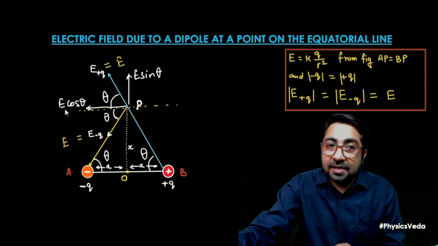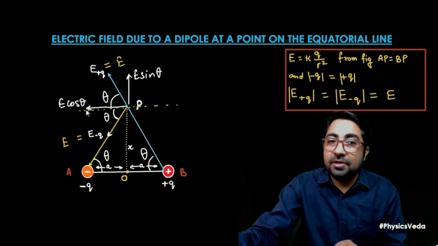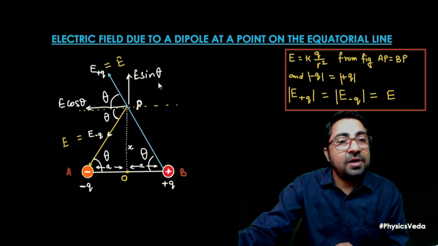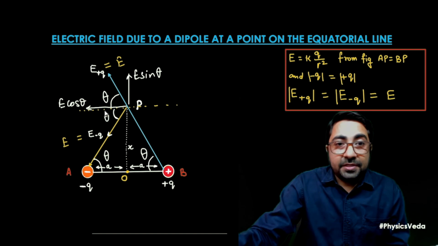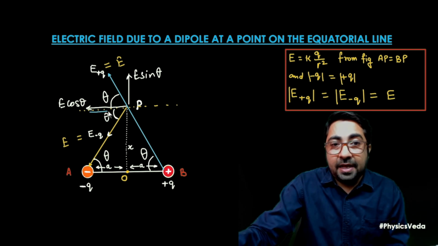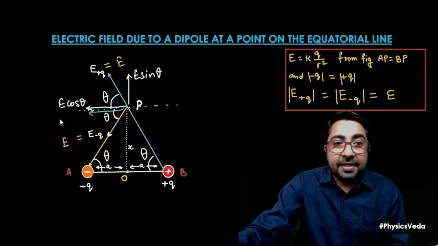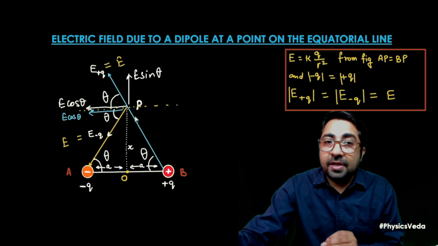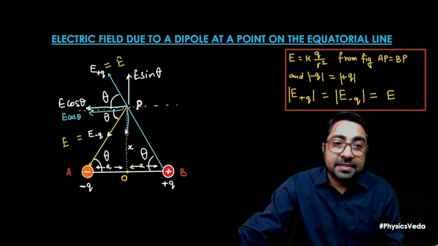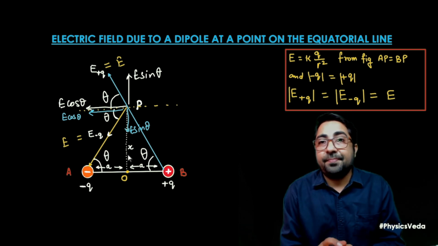So the horizontal component of electric field is E cos theta, and the vertical component of electric field is E sin theta. Due to the negative charge, the electric field component along this reference line is again E cos theta, and the perpendicular component is E sin theta here.